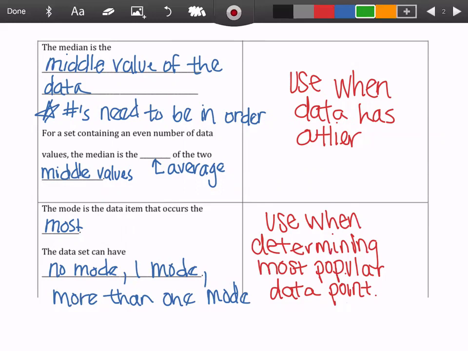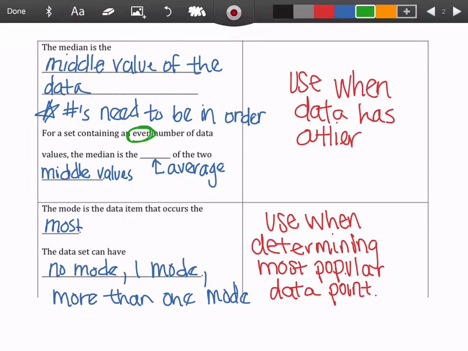So if we have an even amount of data numbers, we have to pay attention to that because we have to take the average of those two middle values. You are going to use the median to describe the data when the data has an outlier.